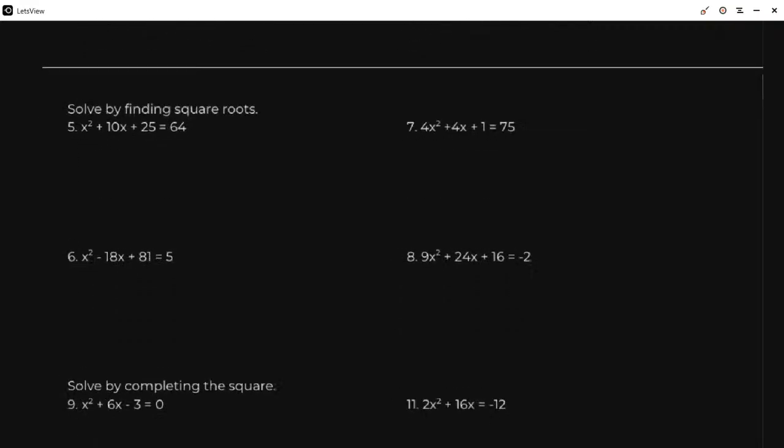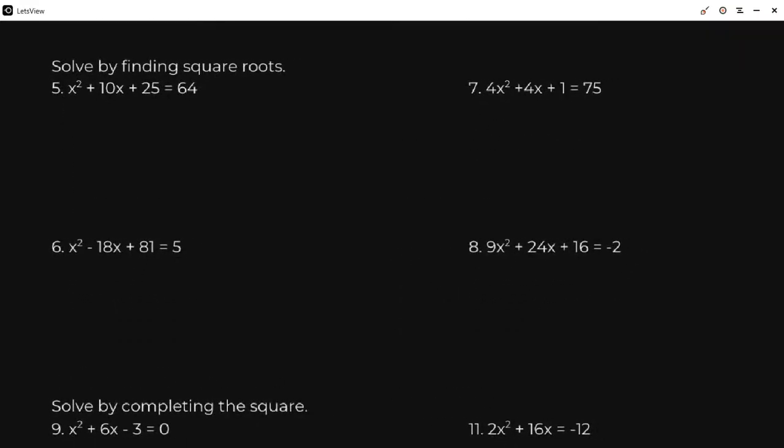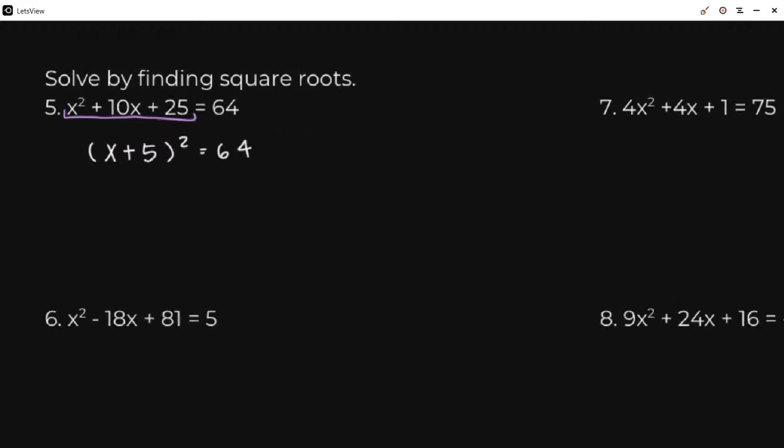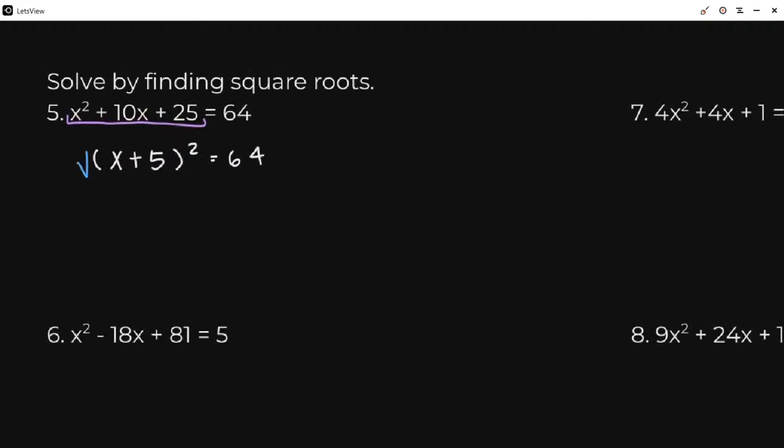Okay, next we want to solve by finding square roots. So this part here is already a perfect square, and this is one of those special cases when factoring. This is a perfect square trinomial. So this will factor into x plus 5 squared, and that's going to equal 64. So to use square roots, we're going to square root both sides.